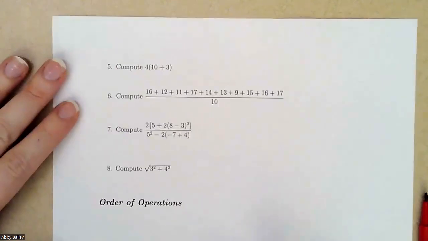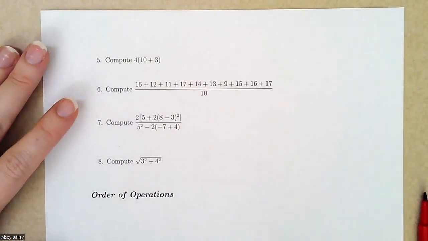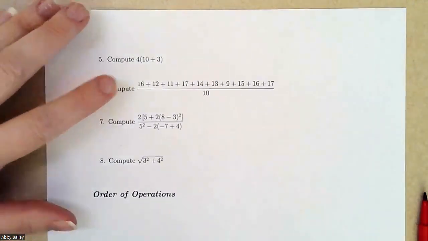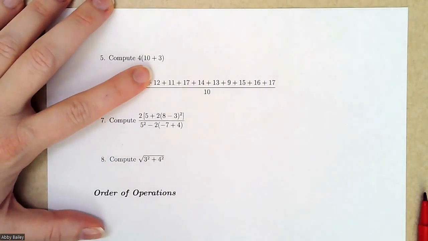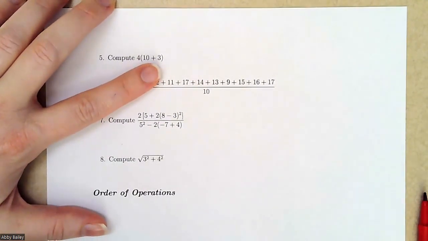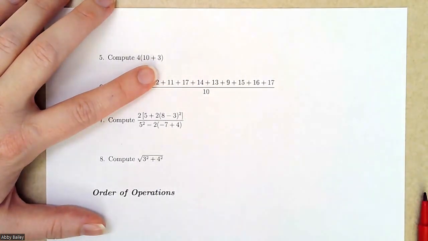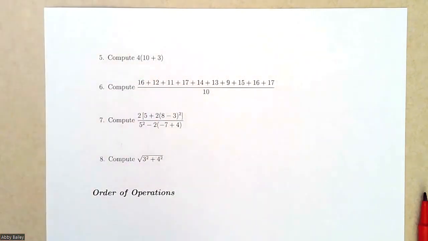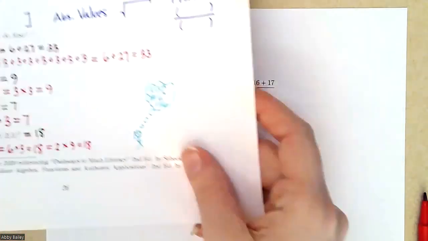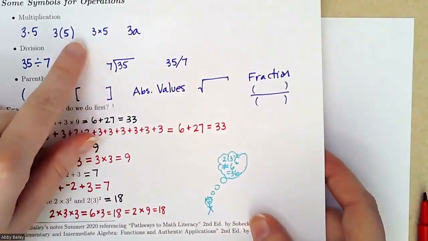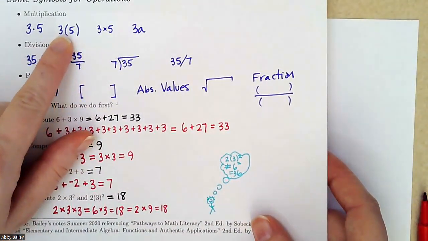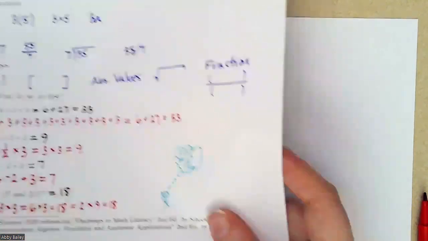Okay, let's look at computing 4 parentheses 10 plus 3. Well, we mentioned that this is a way to write multiplication. So let me go back to the previous page where we said, here it is, this means 3 times 5.